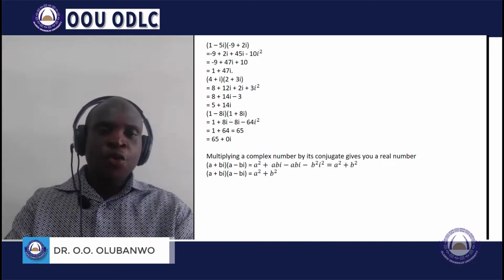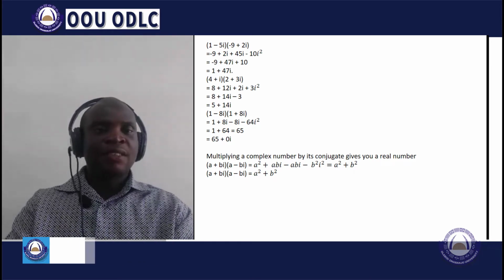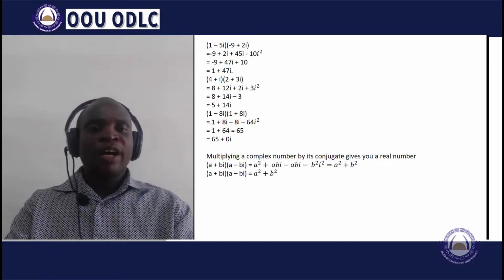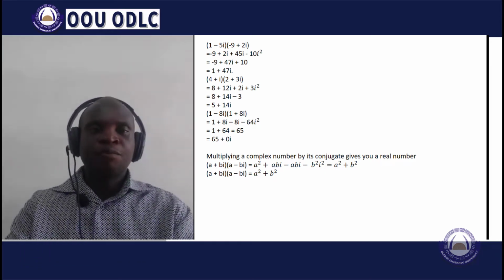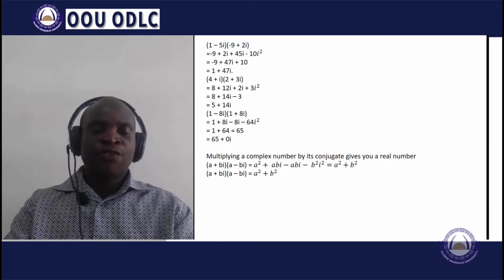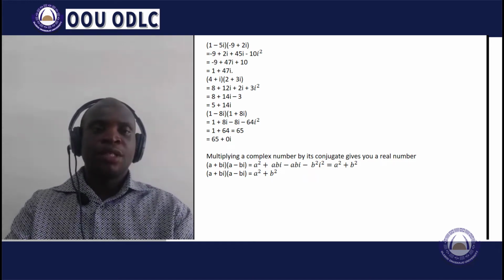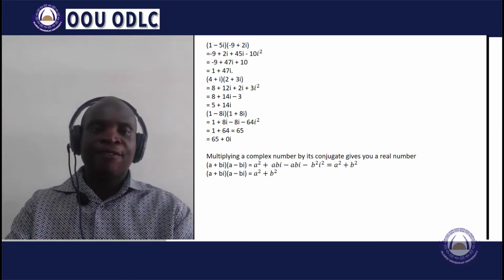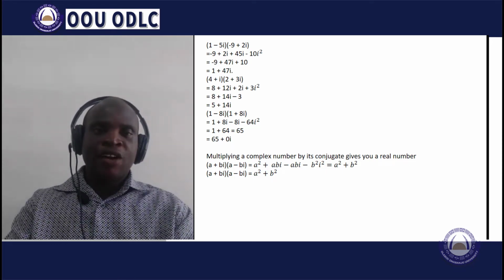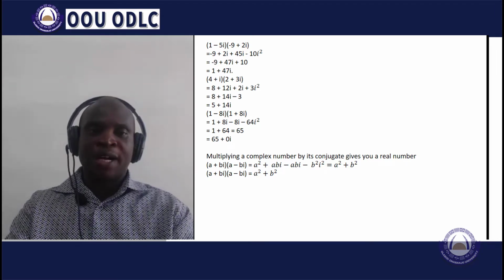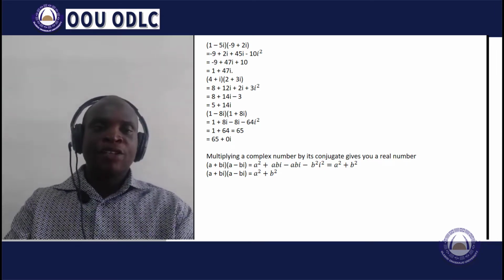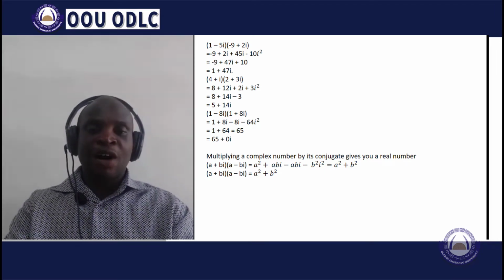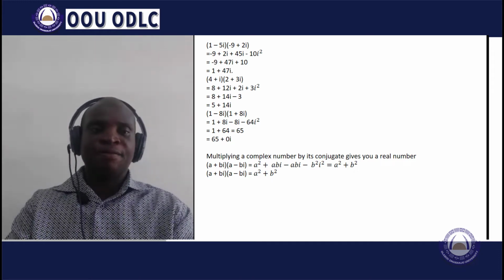Now, let's review what we have here. Minus 9 plus, because 2i plus 45i will give us plus 47i. Then, we know that our i squared is minus 1. We have plus, minus 10 into bracket minus 1, which will give us minus 9 plus 47i plus 10.